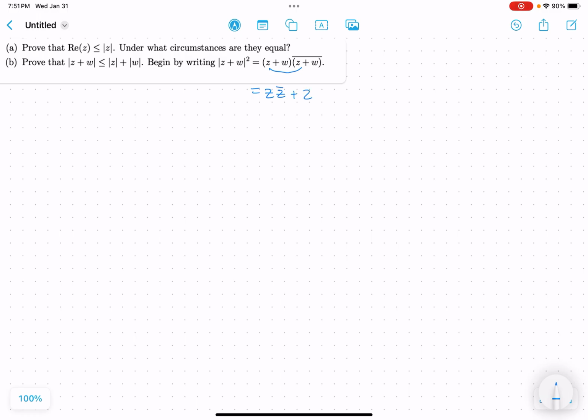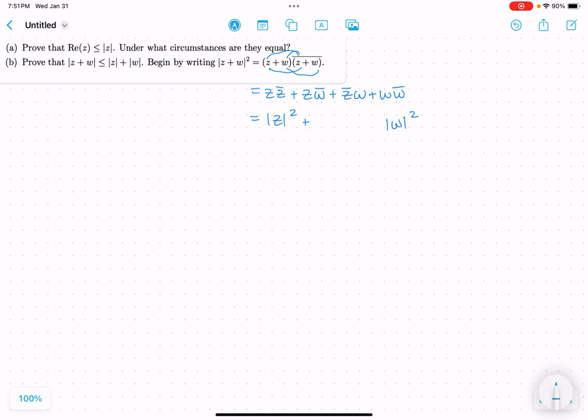What else are we going to have? z w bar, we're also going to have z bar w, we're also going to have w w bar, okay? Now again, we know the properties, so z z bar is the same as mod z squared, and w w bar is the same as mod w squared.